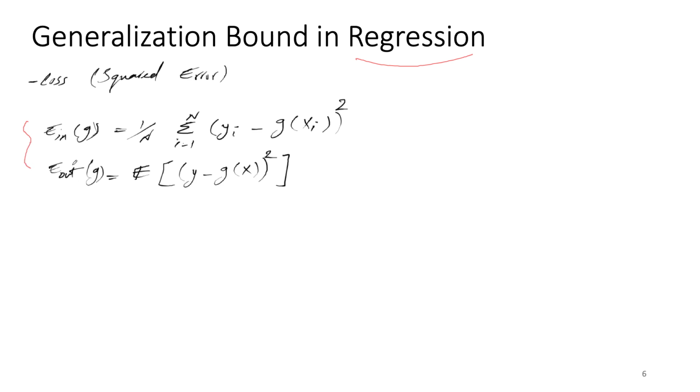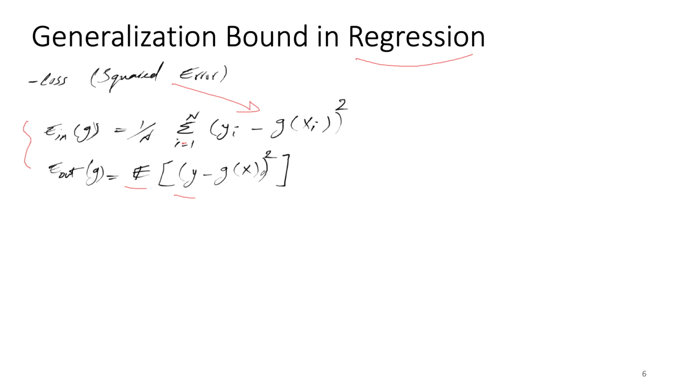Thus, the in-sample and out-of-sample error for the candidate hypothesis g can be calculated as 1 over n, the summation of i from 1 up to n, of a simple squared error: the values that your hypothesis g predicts minus the real values, squared. And your test error would be the expected value of y minus g, raised to 2, right?